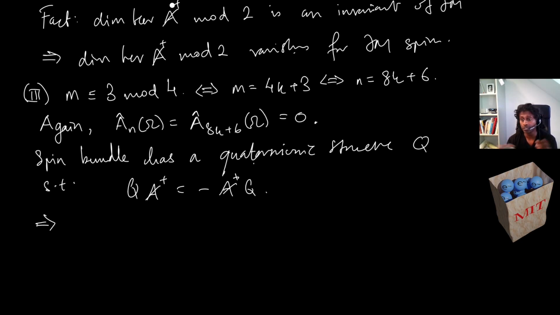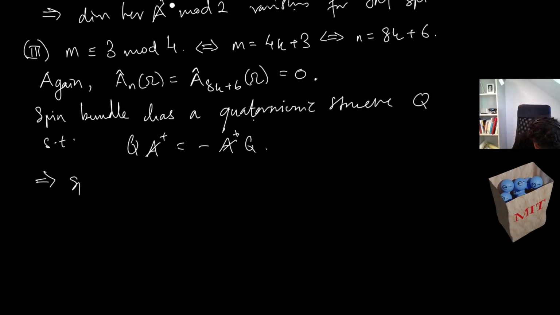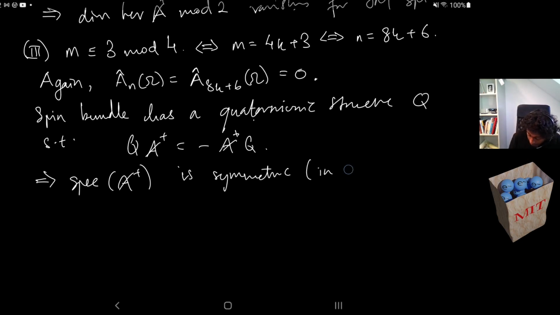If you have any anti-commutator in this way for the operator A plus, then we can deduce from the same argument that the spectrum of A plus is symmetric, counting multiplicities.